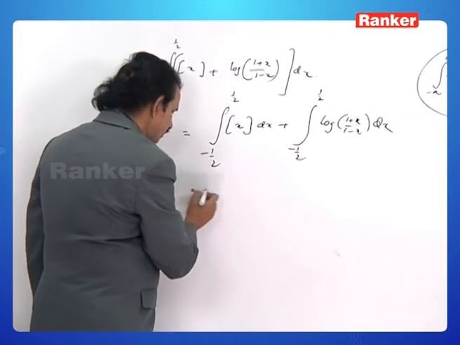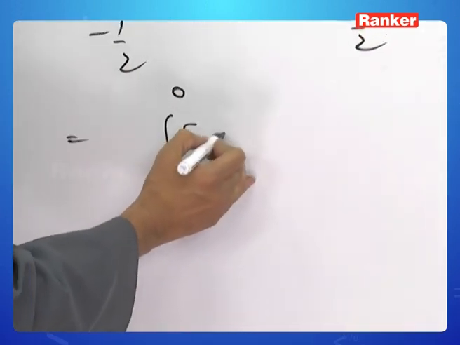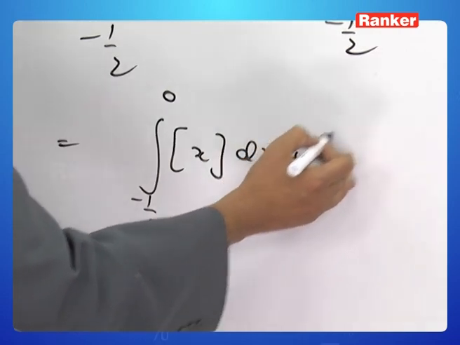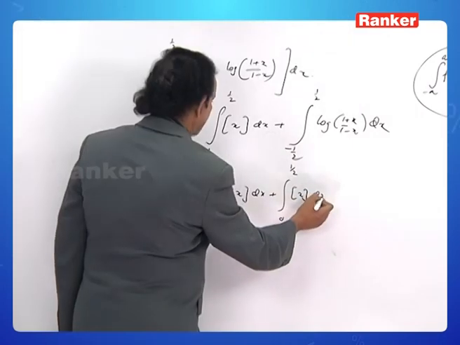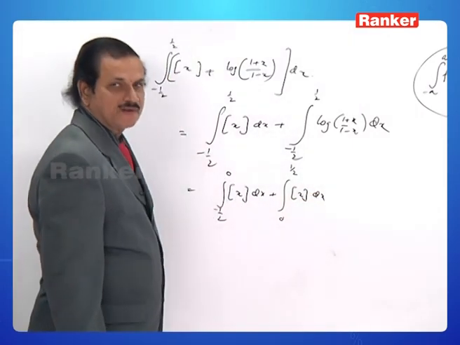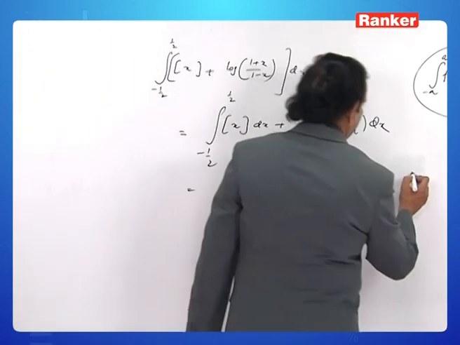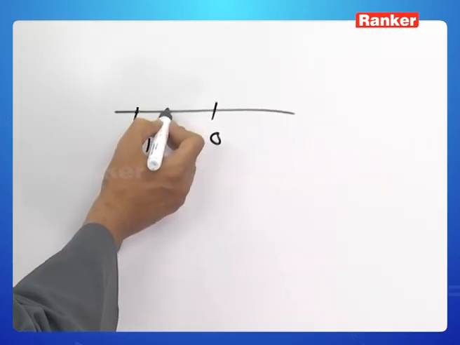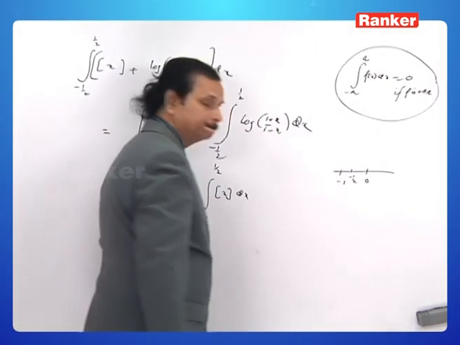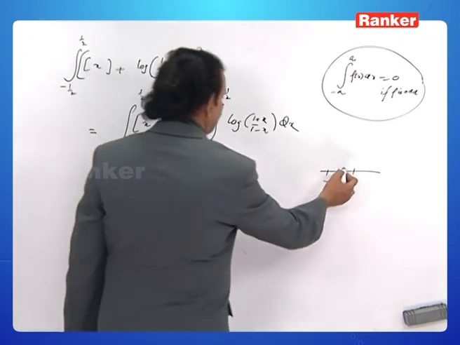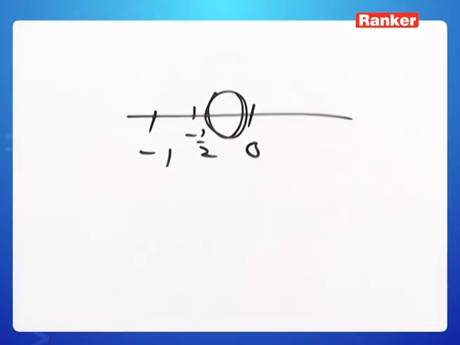Now I would like to split this as minus half to 0 integral part of x dx plus 0 to half integral part of x dx. Well friend, if x lies between minus half and 0, for all those real numbers lying between minus half and 0, integral part is minus 1, isn't it?